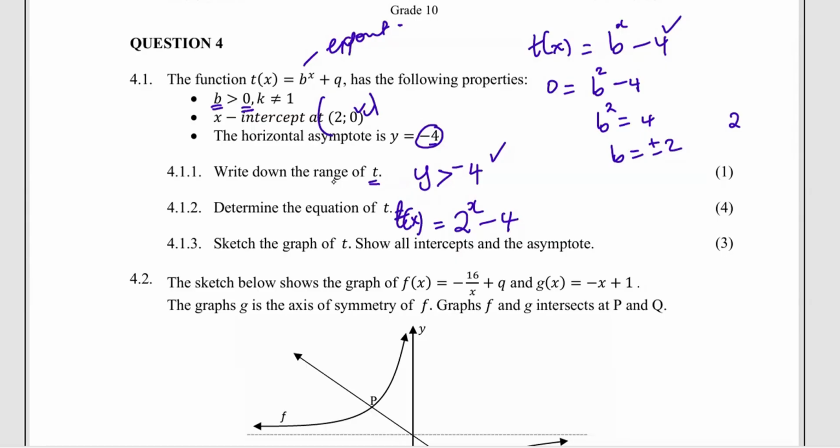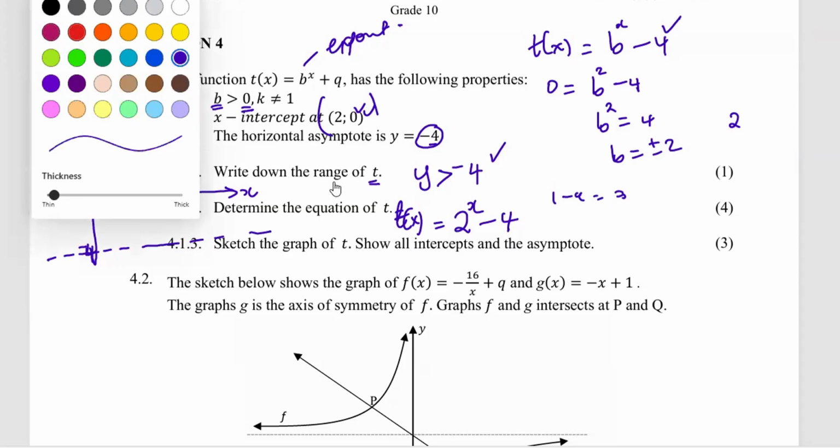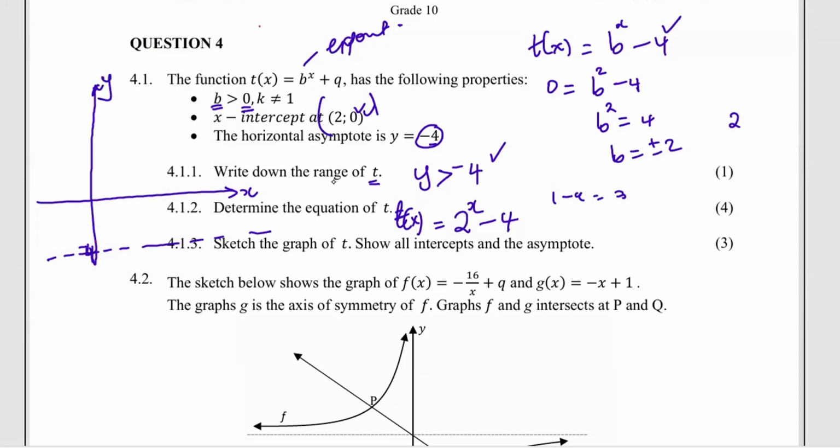Okay, let's sketch it here. So that's your x, this is your y. So we know that this is our asymptote, which is -4. And if that's a -4, for us to get the y-intercept, x must be a 0, which is going to be 1 minus 4, which is a -3. Okay, so the graph is going to pass through -3. Let's put it there.